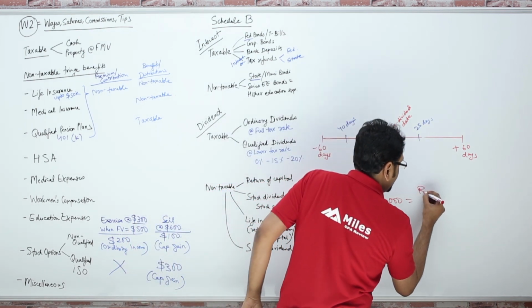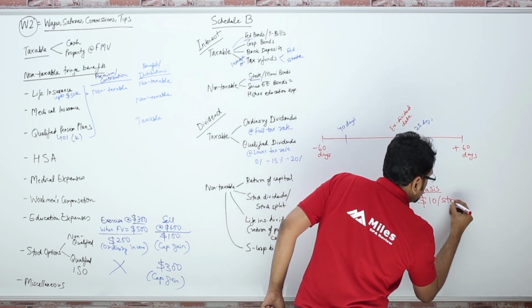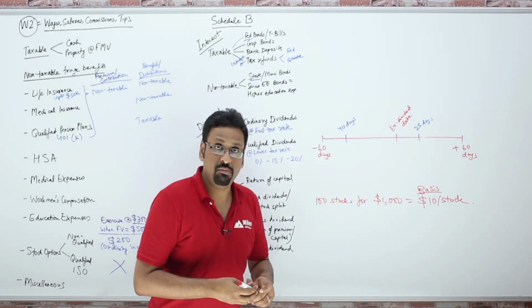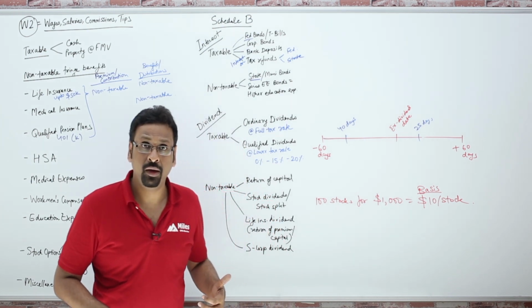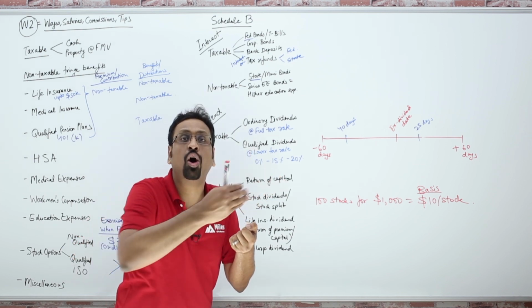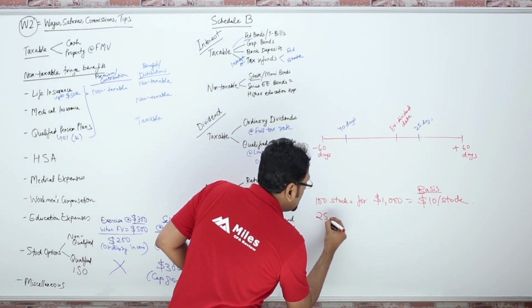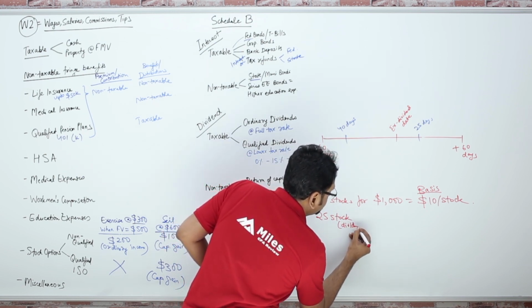Your basis in the stock is $10 per stock. And now this corporation gives out a stock dividend where they're giving one stock as dividend for every 4 stocks held. So now you're going to be getting a dividend of 25 stocks. So 25 stocks as a stock dividend.